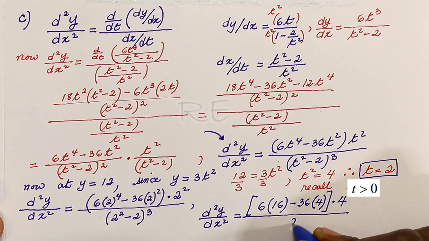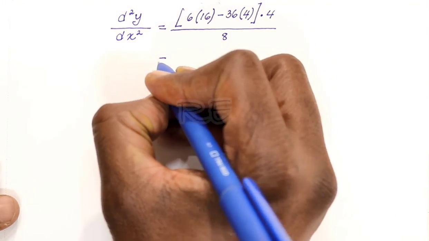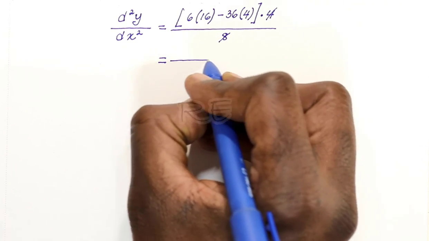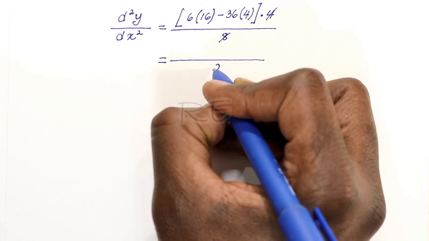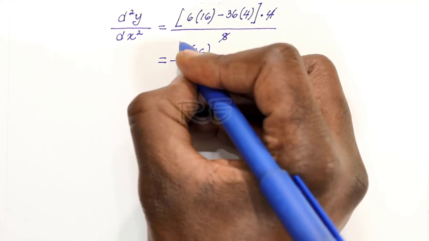So 2 to the third, and 2 to the third is 8. After we simplified by 4, we're going to have the whole thing divided by 2.